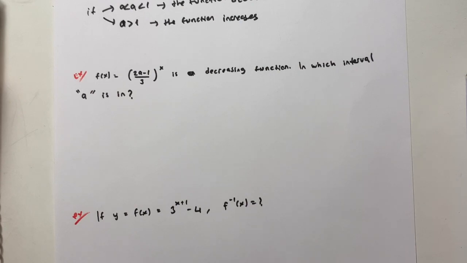f(x) equals (2a minus 1 over 3) to the power of x is a decreasing function. In which interval is a? Since the exponential function is decreasing, the base must be between 0 and 1. So we will just write the interval and solve it.